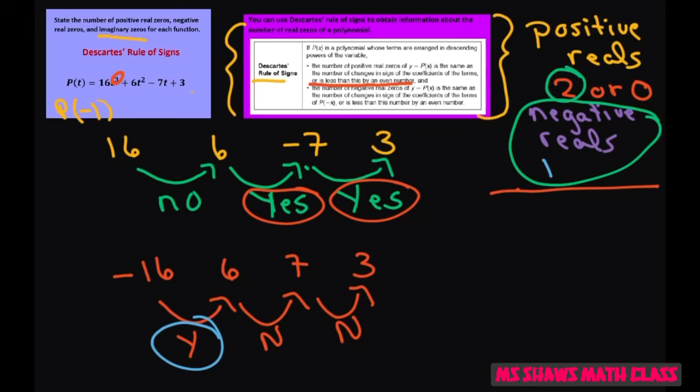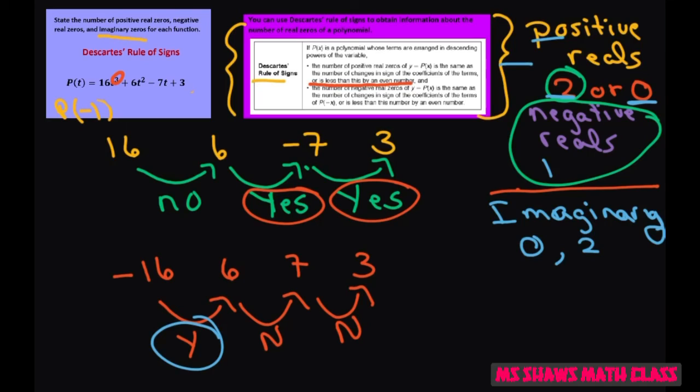If we have 2 positive, then for our imaginary, I can't even spell imaginary, we'll have 0 imaginaries. If we have 0 positives, then we'll have 2 imaginary.